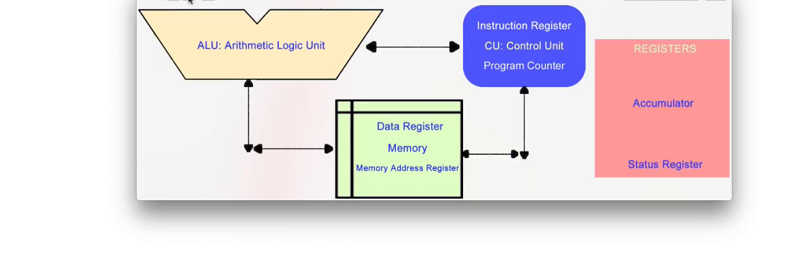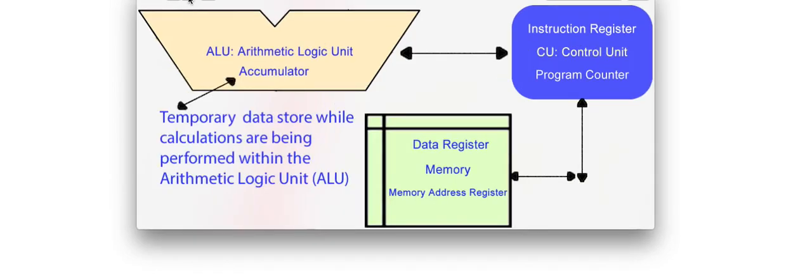Moving on, we're going to move on to the accumulator. Let's see what the accumulator does and where the accumulator lives. The accumulator is part of the ALU, or the arithmetic logic unit. And what does that do? The clue is in the word: it's a mathematical operation.